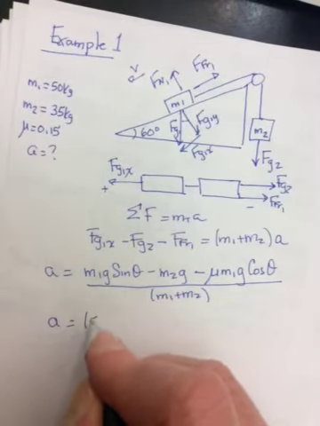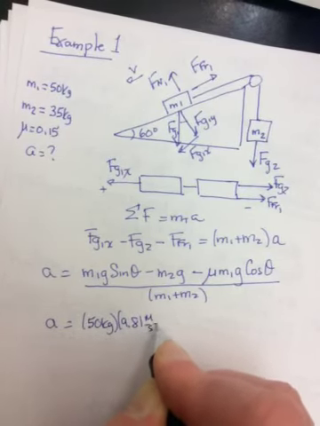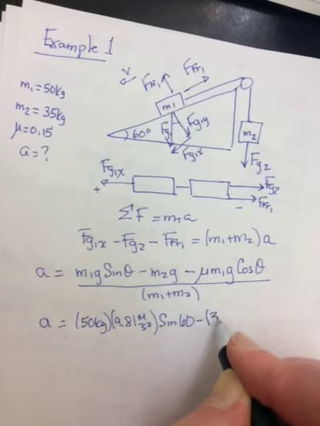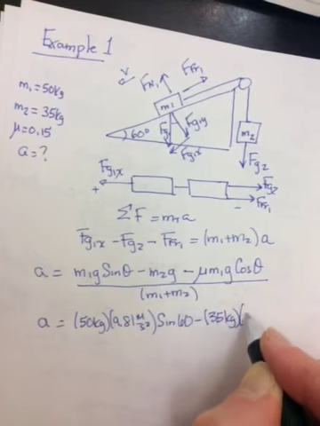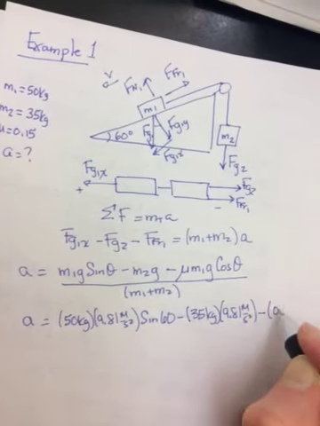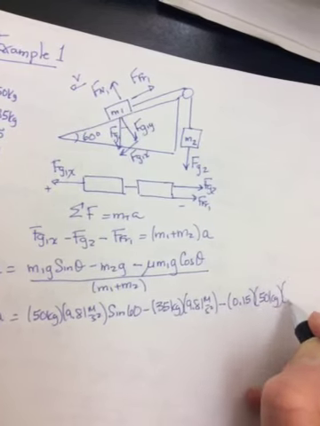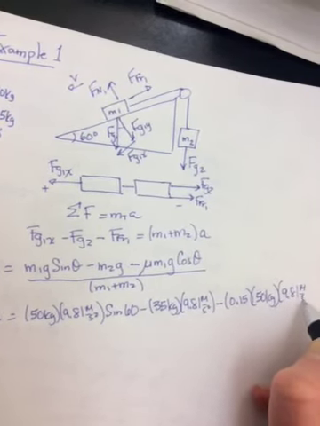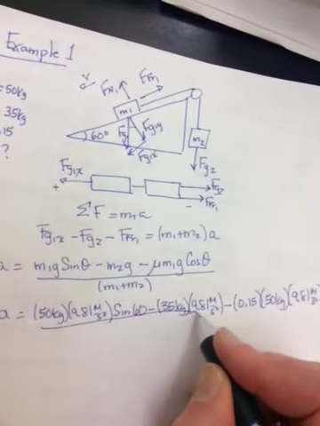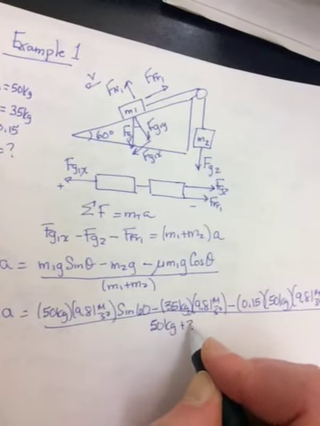So M1 was 50 kilograms times 9.81 meters per second squared times the sine of 60, minus M2, which was 35 kilograms times 9.81 meters per second squared, minus 0.15 times 50 times 9.81 meters per second squared times the cos of 60, and the whole thing gets divided by 50 kilograms plus 35 kilograms.